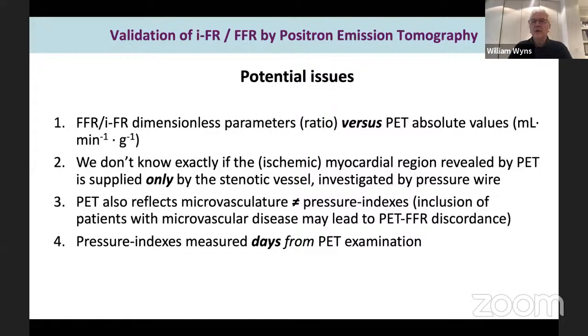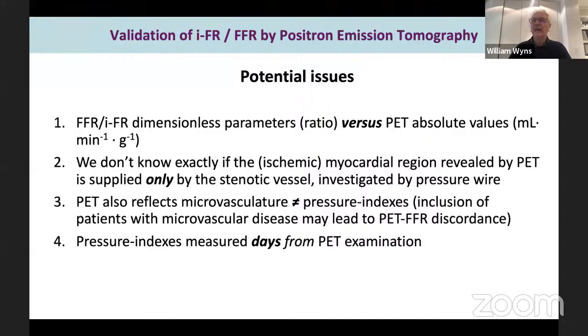PET also incorporates everything. Of course, the epicardial conductance, but also any obstacle to flow, whether it's intramyocardial or on the venous side. And of course, the pressure-derived indices are focusing on the epicardial part of the picture.